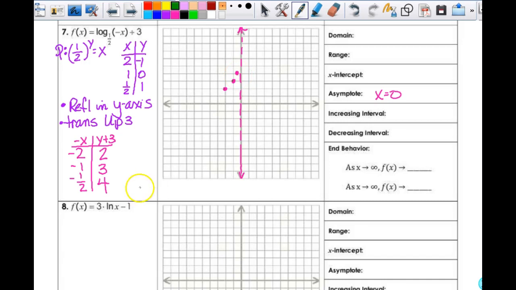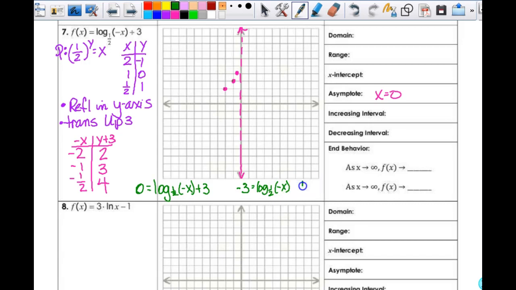My x-intercept. So 0 equals log base 1/2 of negative x plus 3. So I subtract 3 from both sides, so I get negative 3 equals log base 1/2 of negative x.